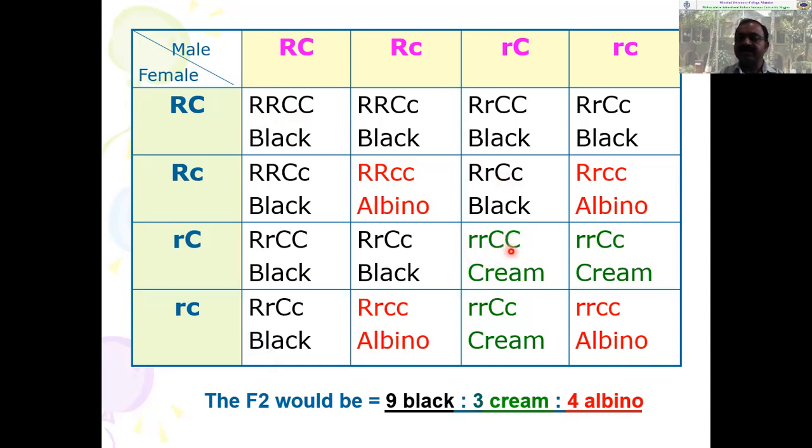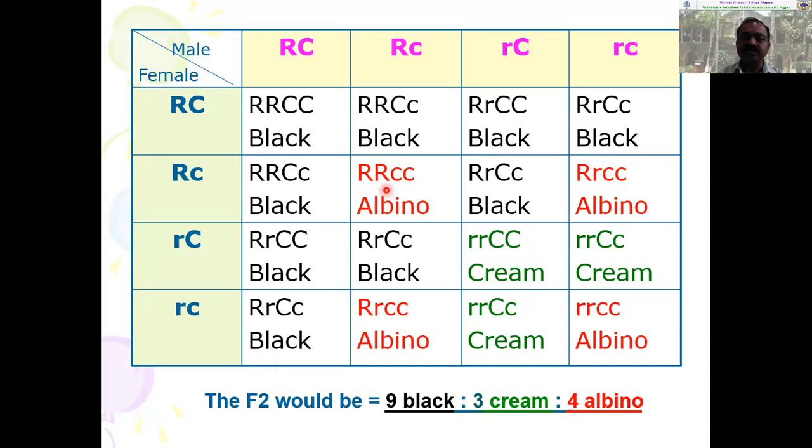Whenever we have capital C, it will allow for pigmentation. But in the small cc condition, that is homozygous recessive, it will not allow for any pigmentation. So whenever we have homozygous cc, even if capital R is responsible for the black pigmentation, it will not be expressed. That's why it is albino.